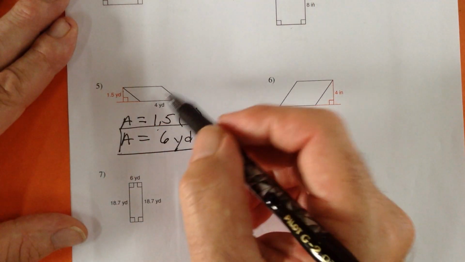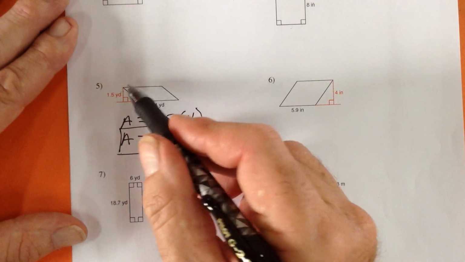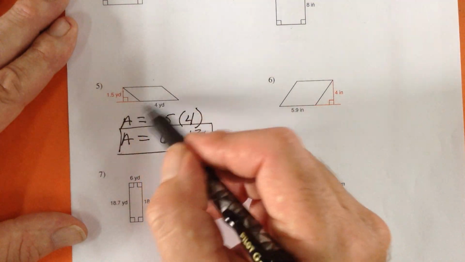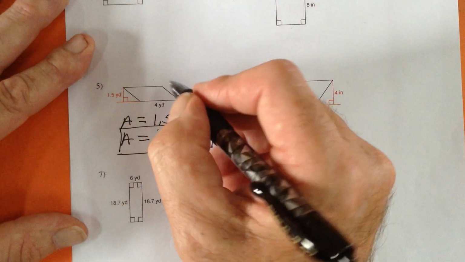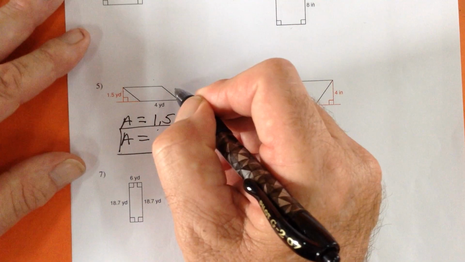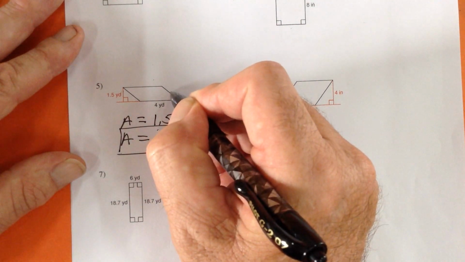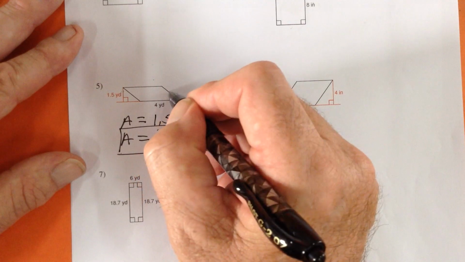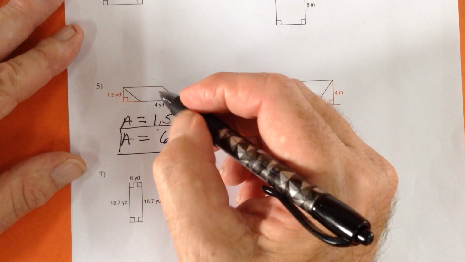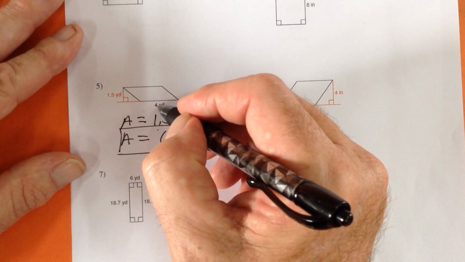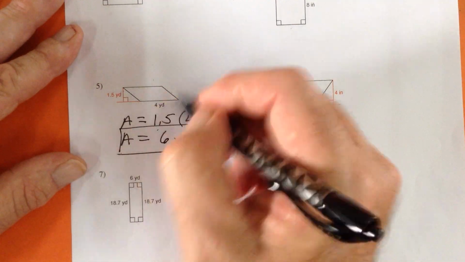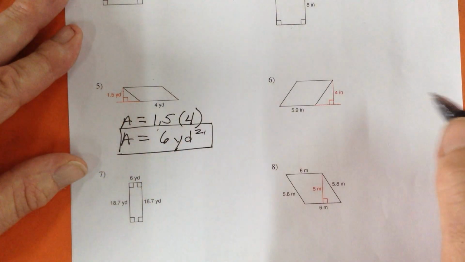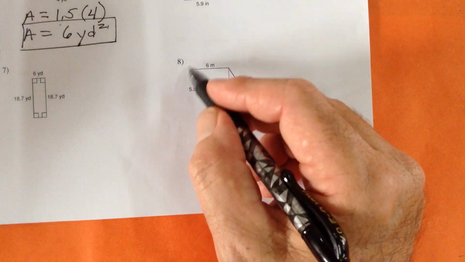Now here they don't give us this line, so I cannot calculate the perimeter. If they told me this was 2, then I could go 4 plus 2 plus 4 plus 2, or 2 times 4 plus 2 times 2, and that would give you the perimeter. But here's a good one, number 8.